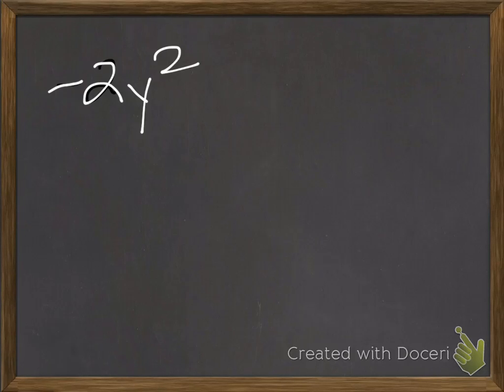Okay, the other term is positive 5y. So when you're putting it in standard form, you're listing from the greatest degree to the smallest. Negative 2y squared is a degree of 2, and then your plus 5y has a degree of 1. So you would put negative 2y squared first. Now once it's in order, that's standard form. You're just listing them in order.